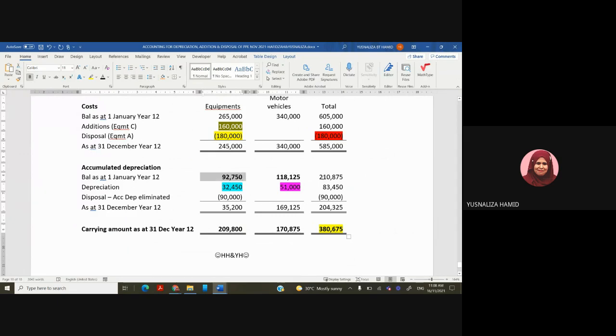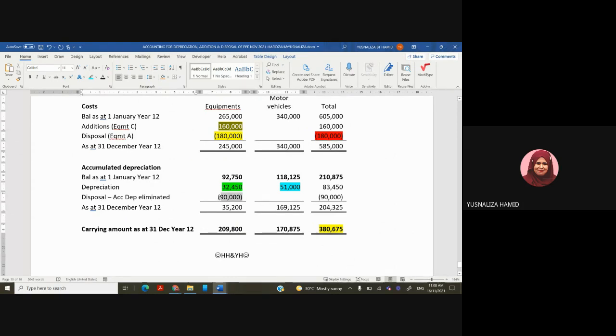All right. So you have the total accumulated depreciation balance at the beginning of the year, 210,875, coming from two motor vehicles and also the two equipments. Depreciation is from our working just now, and our depreciation was 51,000 and 32,450 respectively. You can also notice that there is one more line item in the accumulated depreciation.